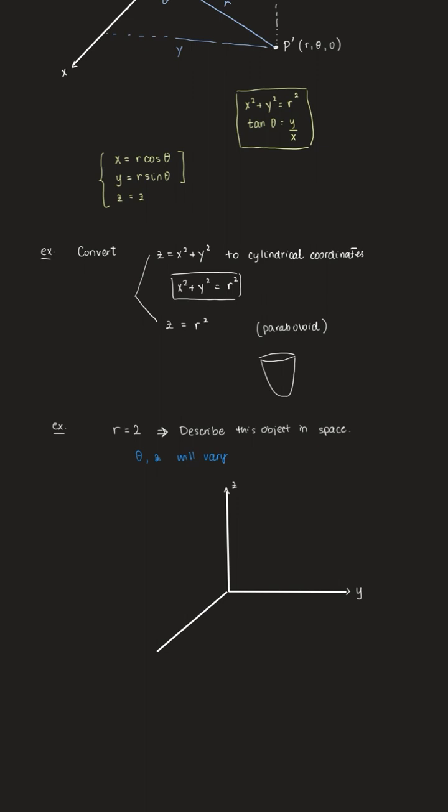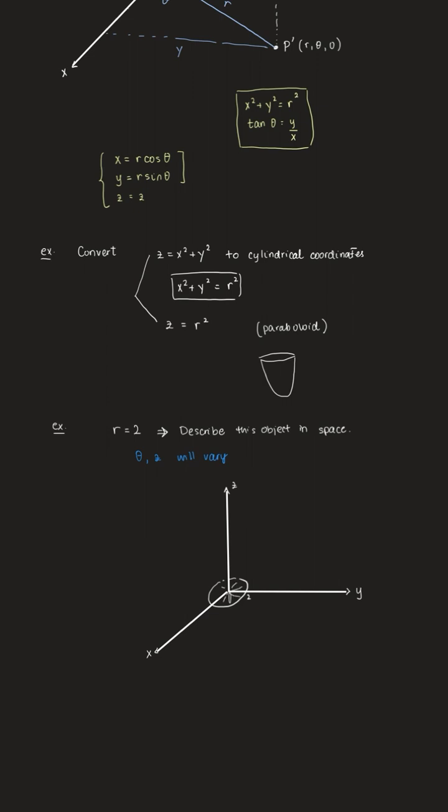So thinking on the xy plane, when r is 2, well, we know we have a circle of radius 2. So we've got a circle of radius 2 on the xy plane. And if z varies, well, we know that's going to give us a cylinder. And if theta varies, same, right? That's going to give us all of the points along the circle.